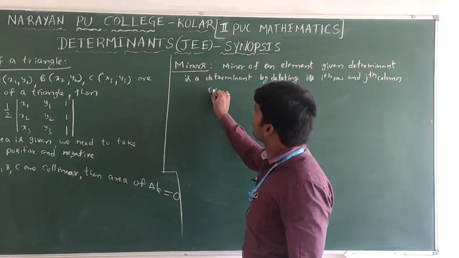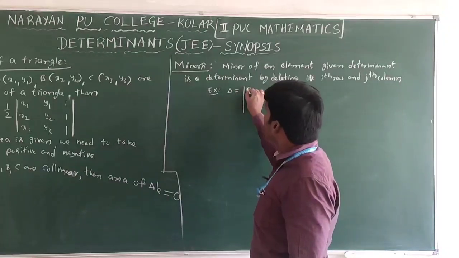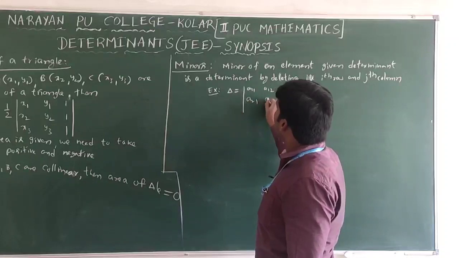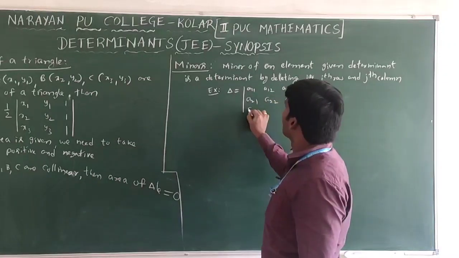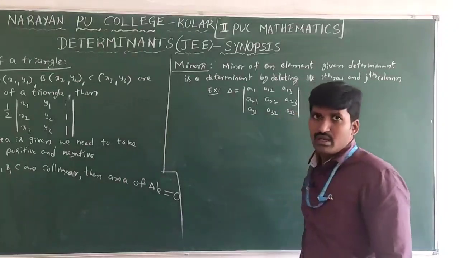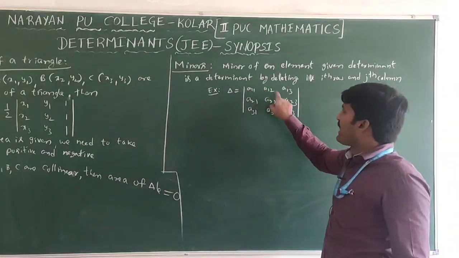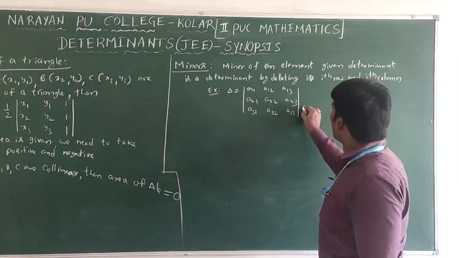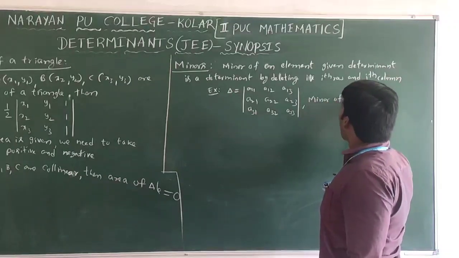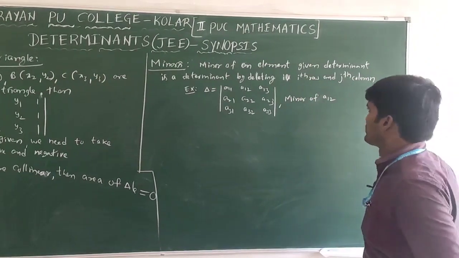For example, the delta is given like this: A11, A12, A13, A21, A22, A23, A31, A32, A33. You want to find the minor of any one element. For example, you want to find minor of A12. Small a means clearly element of the determinant.